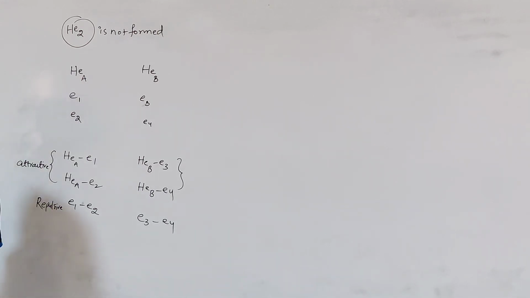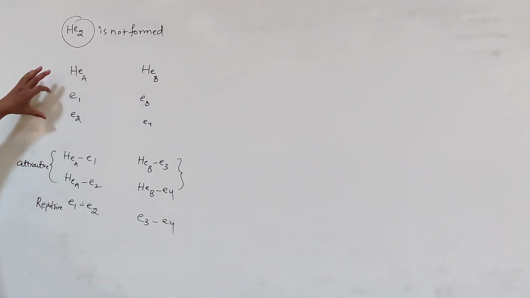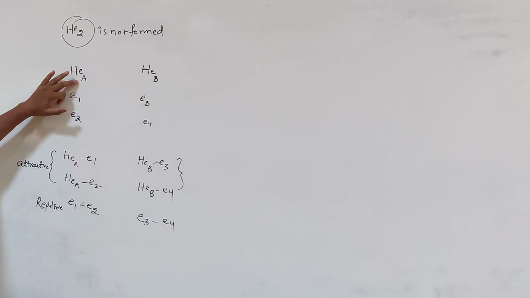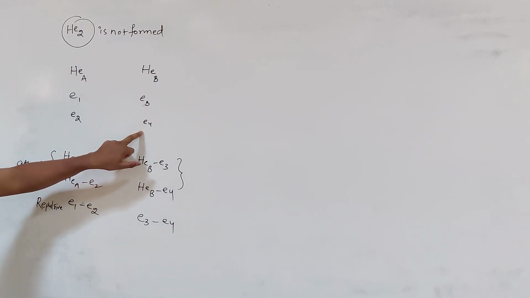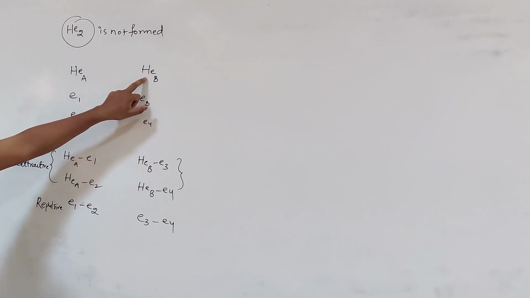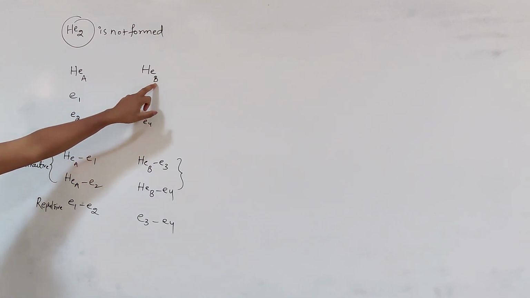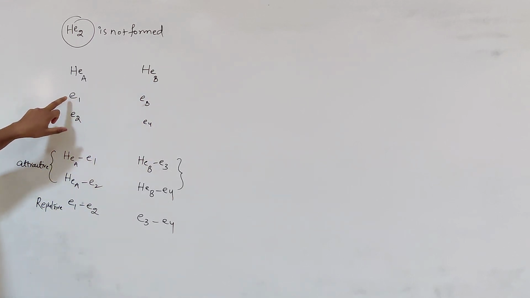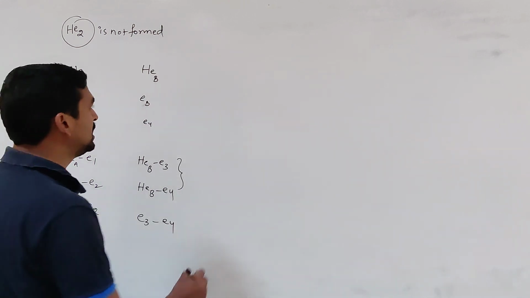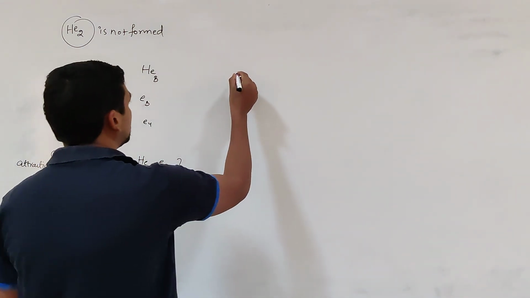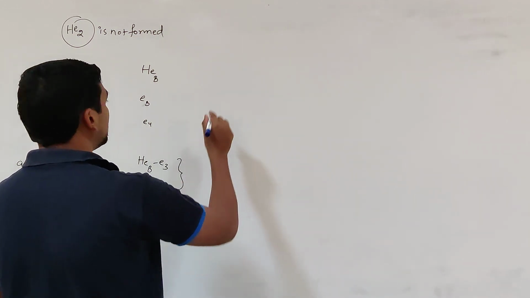Whenever these two atoms try to come very close to each other, definitely the nucleus of helium A attracts E3 and E4, and the nucleus of helium B attracts E1 and E2 of helium atom A. Whenever the two helium atoms approach each other, new attractive forces are developed.